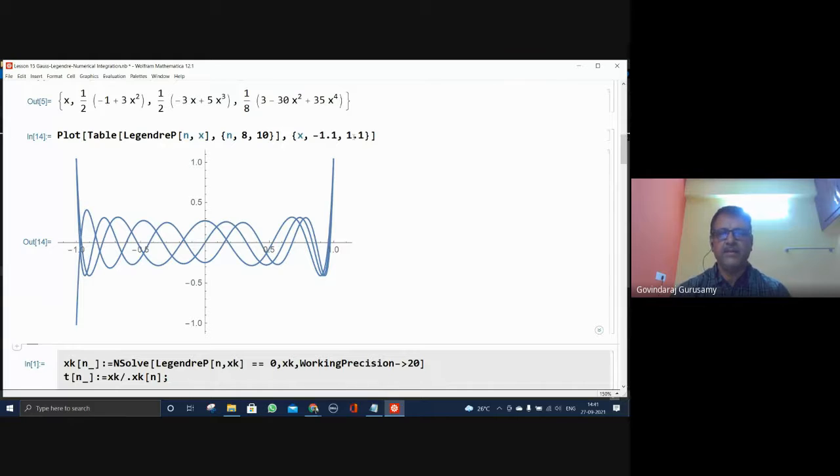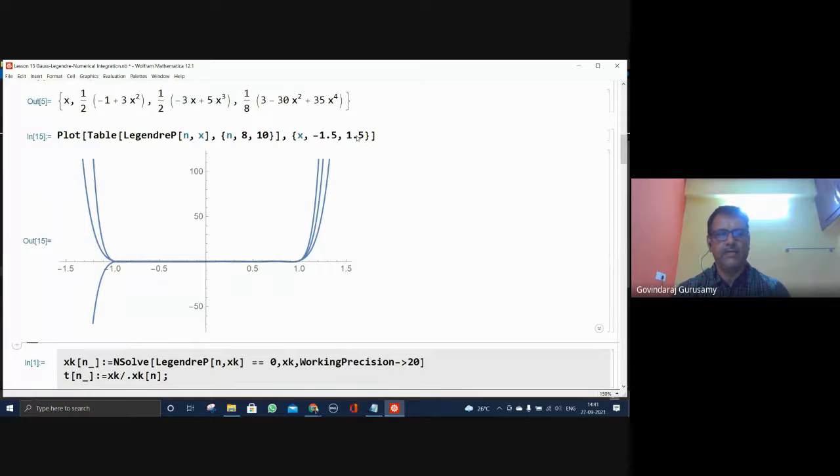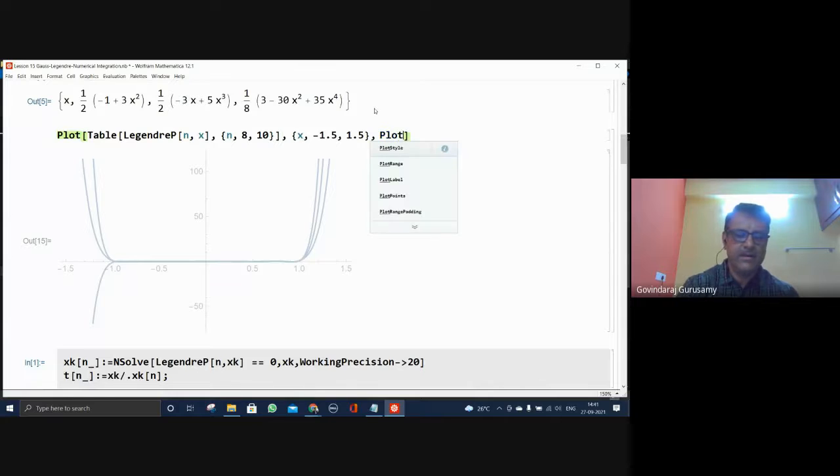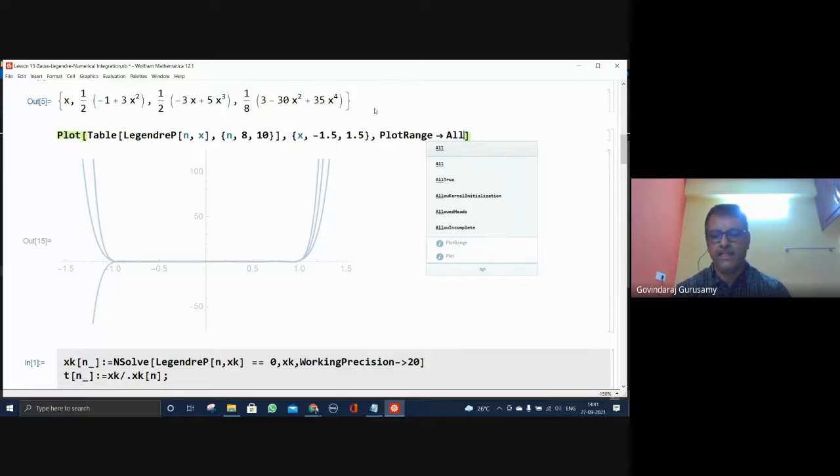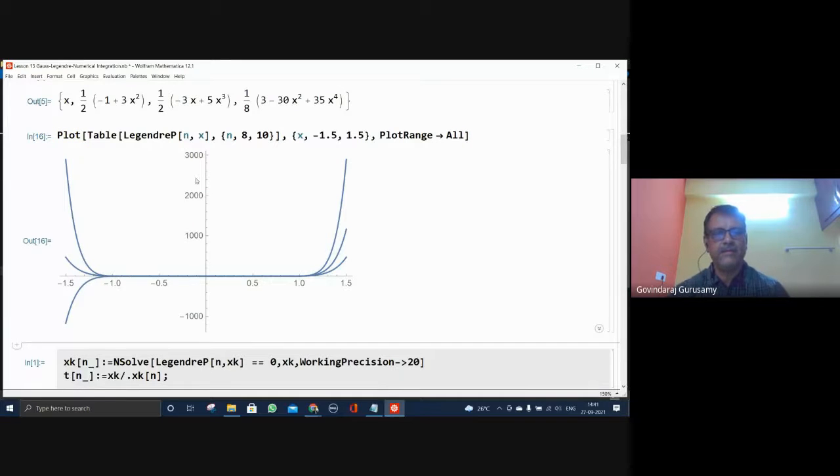It started shooting up. 1.5, oh, it has already become huge. And if you ask to plot with PlotRange All, it has already come up to 3000.